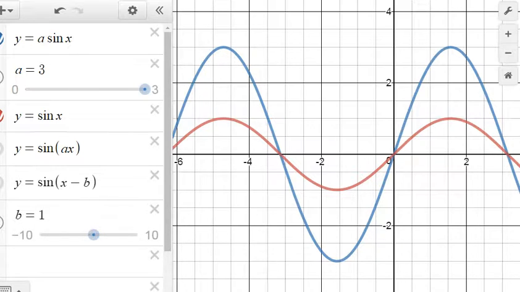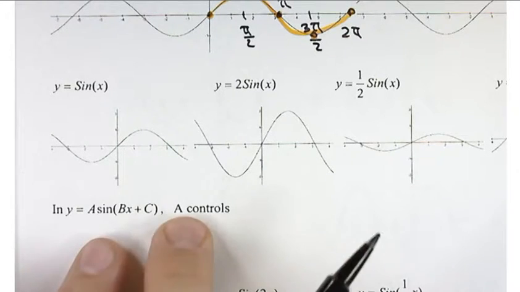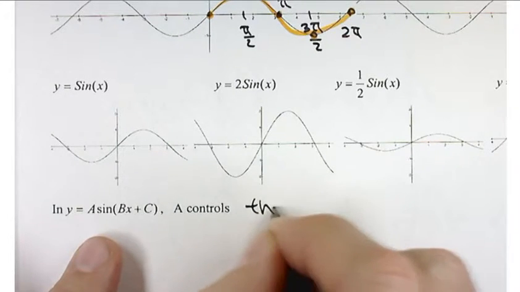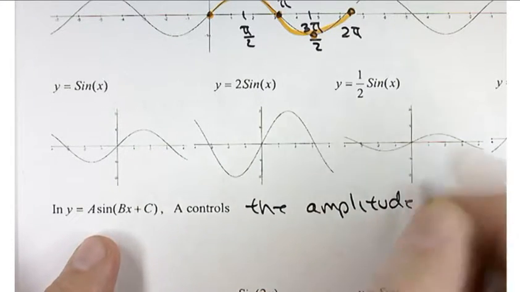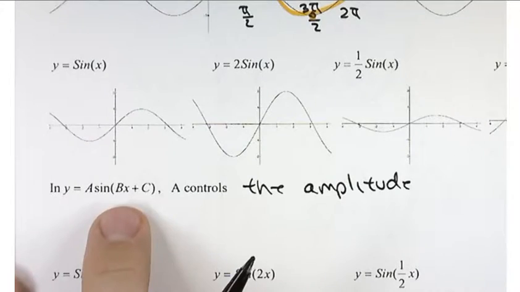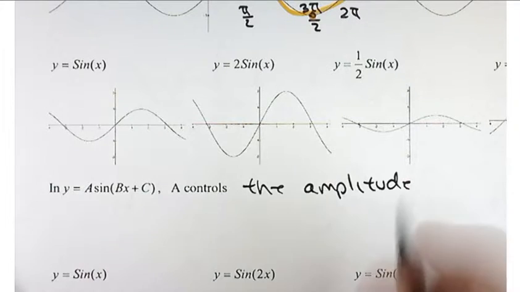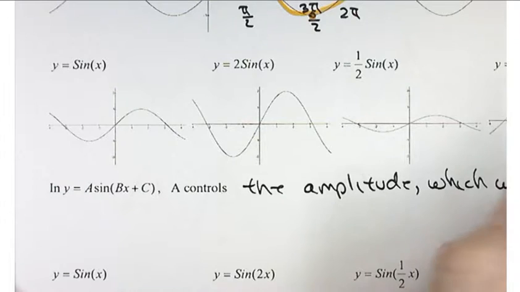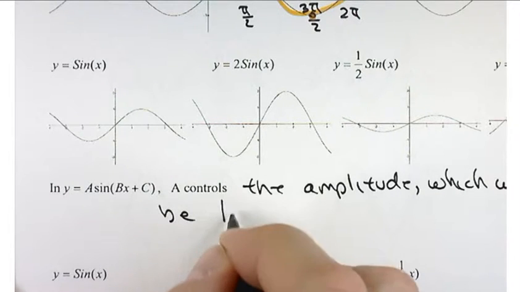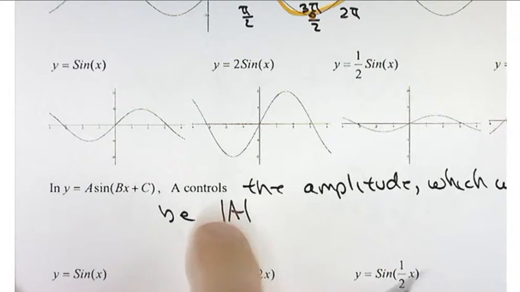So back to our handout, the conclusion, and you can have different words for it, but the conclusion you should have regarding this coefficient is that A controls the amplitude. And the amplitude is just going to be the absolute value of A, the absolute value of that coefficient.